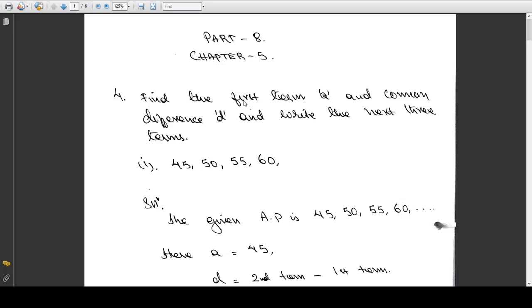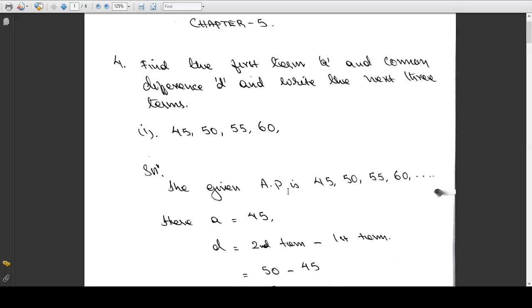In the last class we also did a similar problem, and now we'll do the same thing with the first term given as 45, second term 50, third term 55, and fourth term 60. You have to find the next 3 terms. That means after the fourth term, you have to find the fifth term, the sixth term, and the seventh term. Okay, let us start with this.